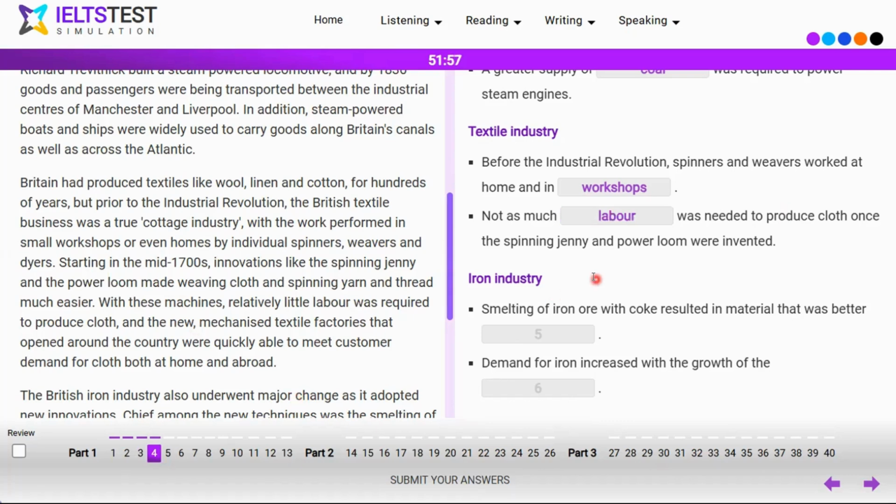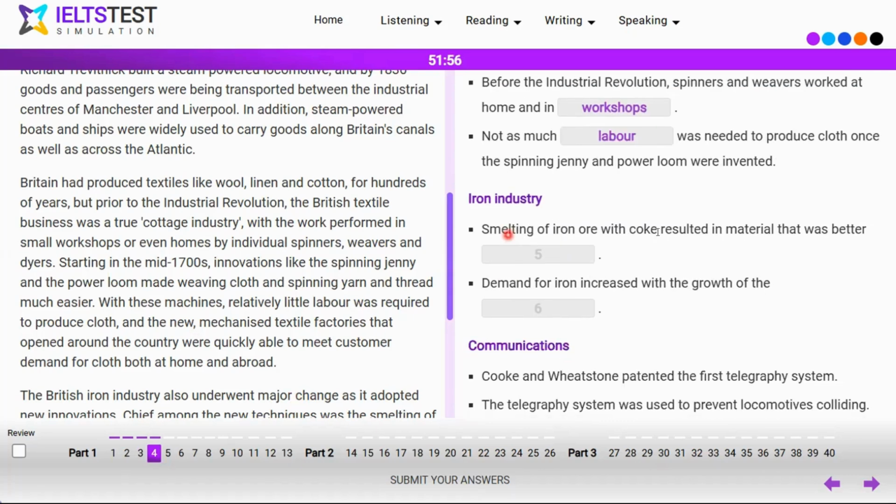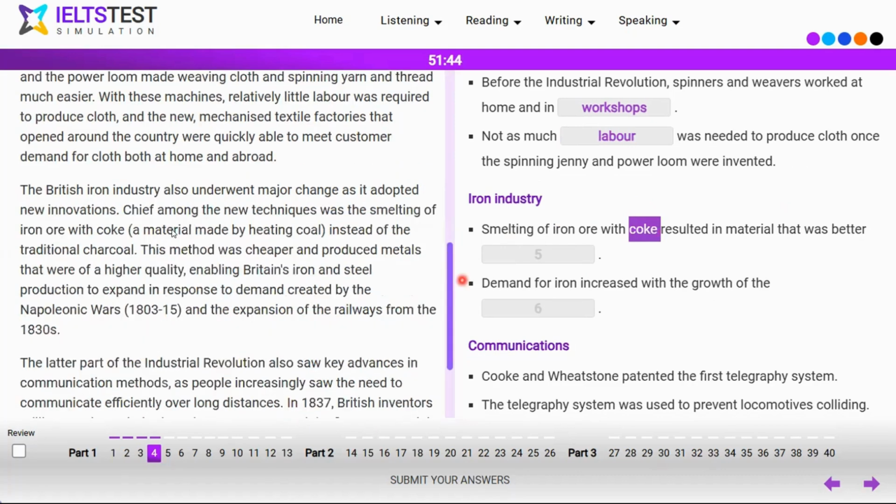Next question. Smelting of iron ore with coke resulted in material that was better dash. So iron ore, then coke. Those are my keywords here. Let's go to the passage. The British iron industry also underwent major changes. Chief among the new techniques was the smelting of iron ore with coke, a material made by heating coal instead of traditional charcoal.